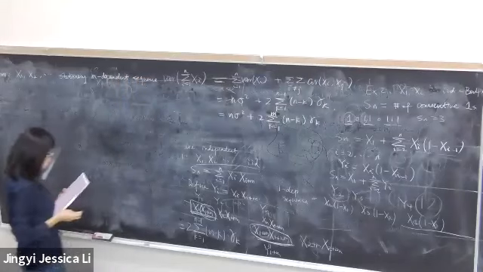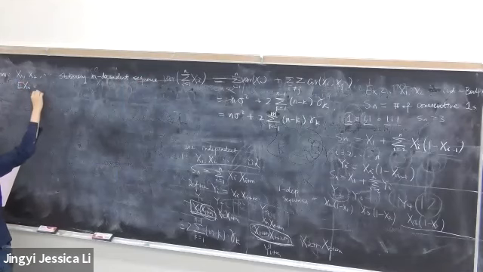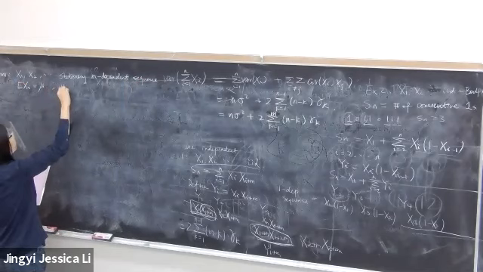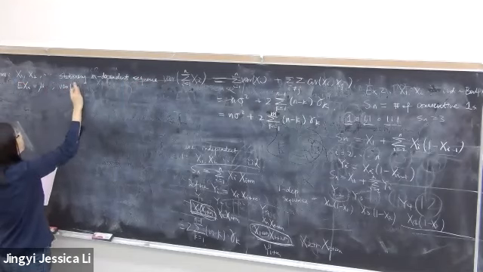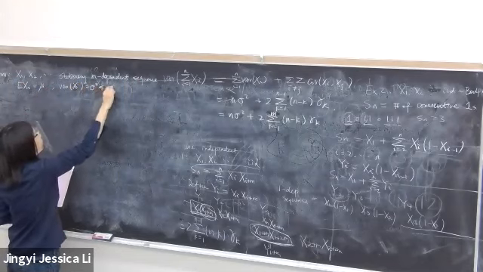of random variables, and we just use our general notation to denote that they have the same mean, mu, and the same variance, sigma square, which is finite.